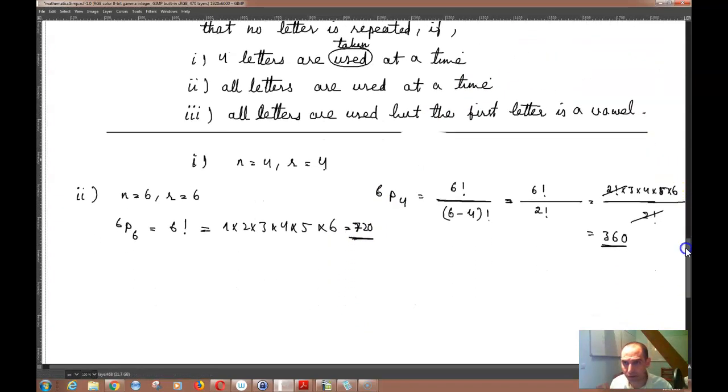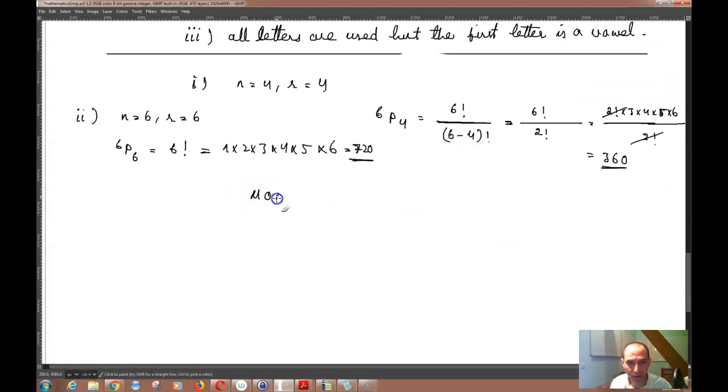The vowels in Monday are O and A. That means you're taking all the letters and making these 6 letter words, but over here you're fixing either O or A.